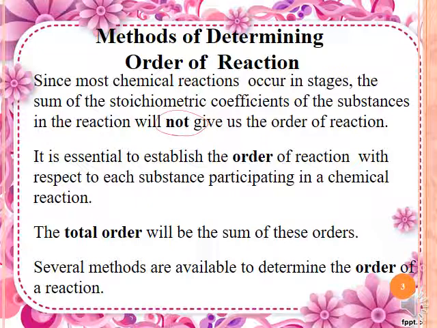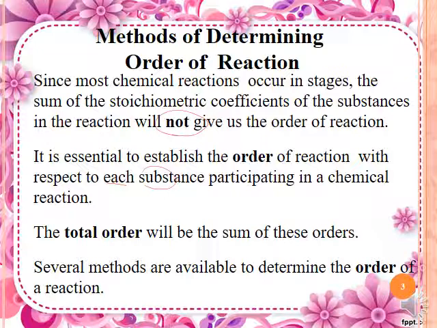So that is why it is essential to establish the order of the reaction with respect to each of the reactants participating in the chemical reaction. And the total order will be the sum of these orders.